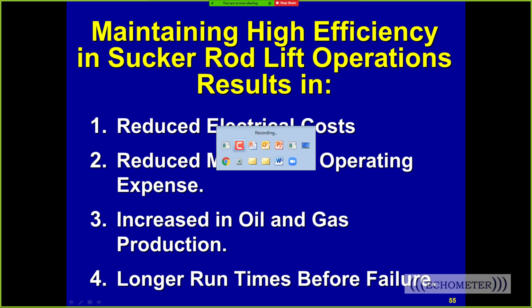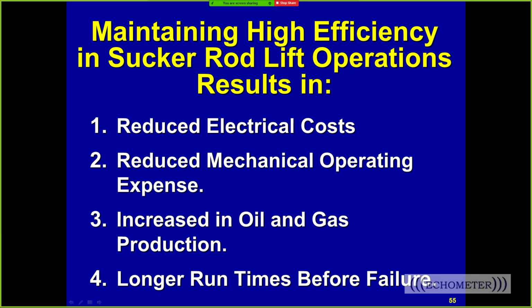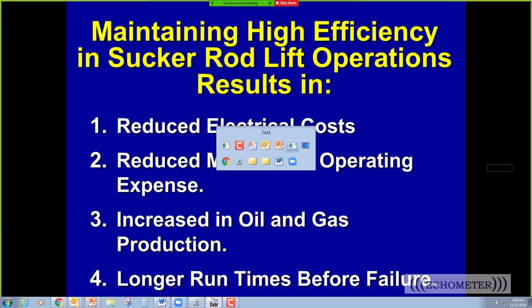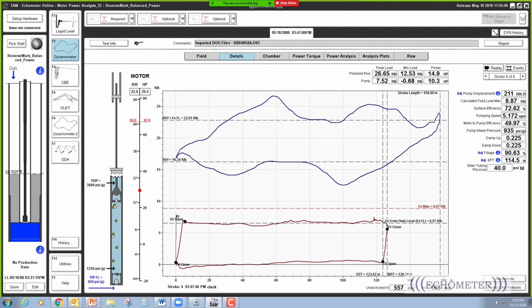That's a really good question. And let me see if I can get TAM to pop up here. There you go. So if I go into TAM, and this is an example. Let me show you the examples here. Pick a well.